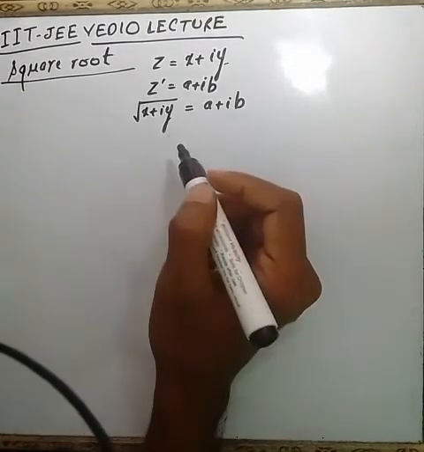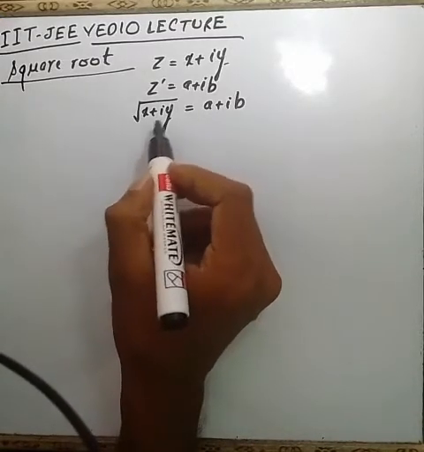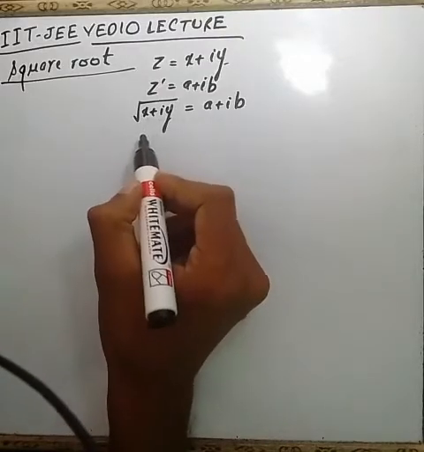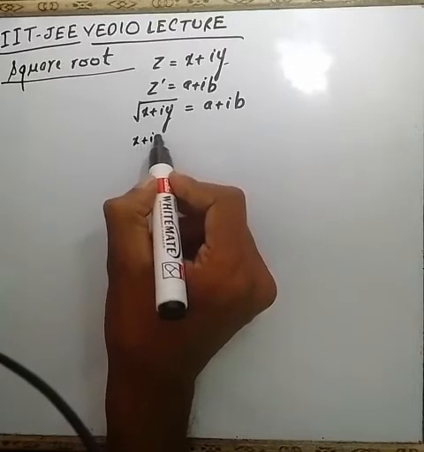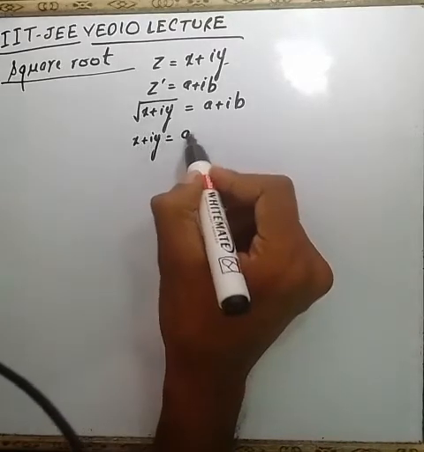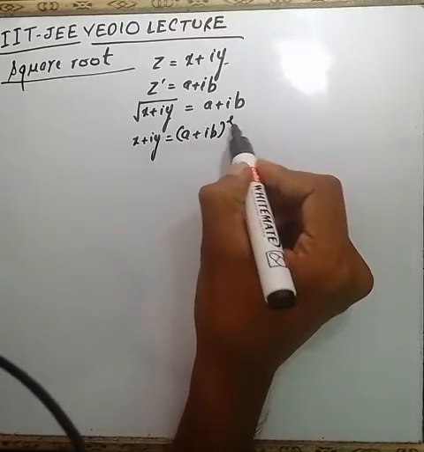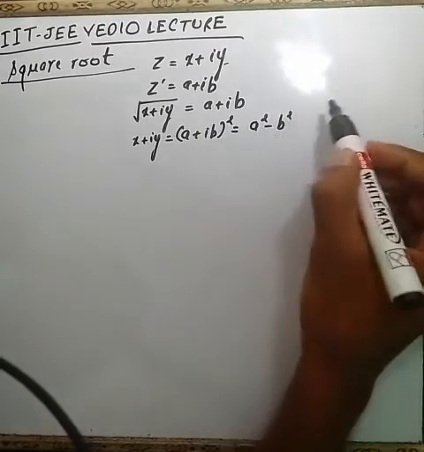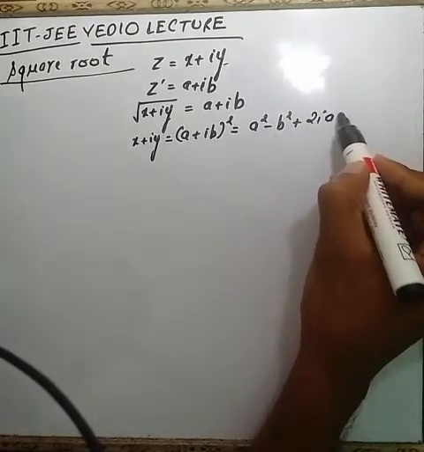we will apply some mathematical operations. So we will square this whole equation: x plus iy equals (a plus ib) whole square, equals a square minus b square plus 2iab.